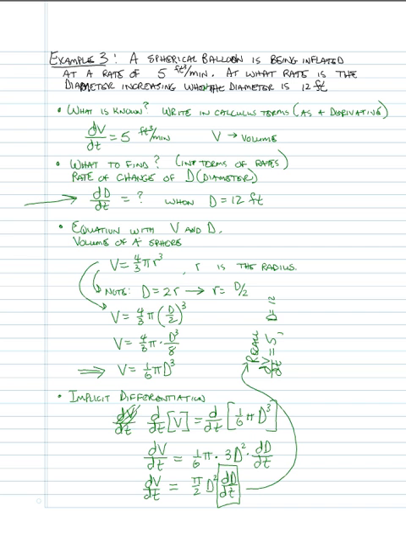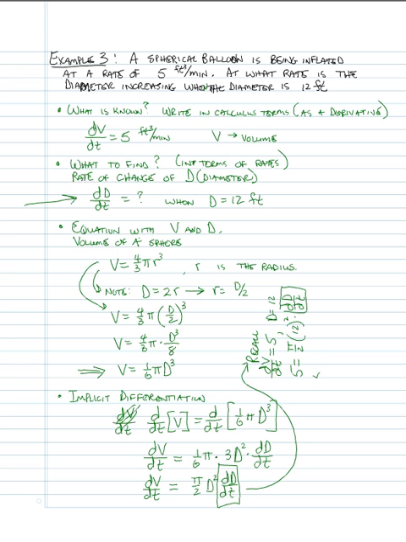So we put that information into the left side of the equation. dV/dt we replace with 5, and we have pi over 2 times our D value squared times the derivative of D with respect to t. And remember, this is what we're trying to solve for.